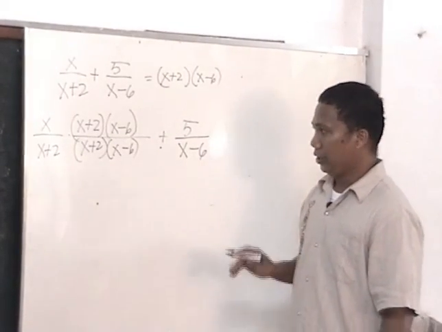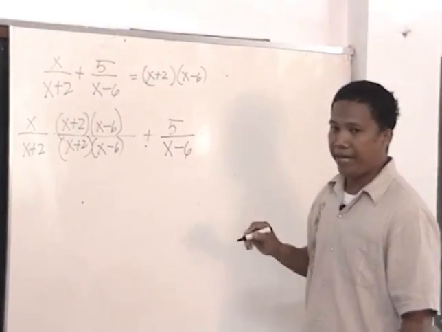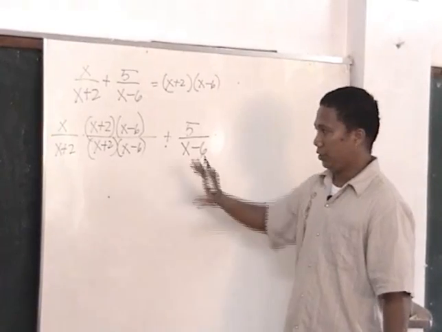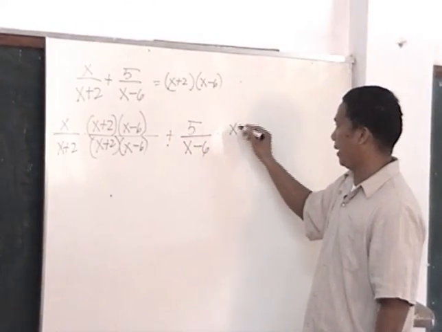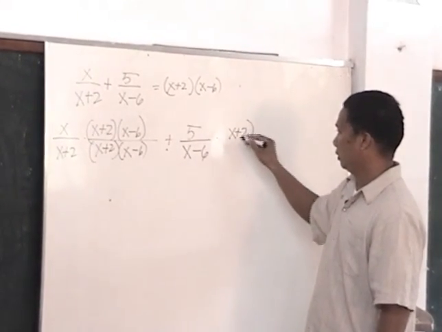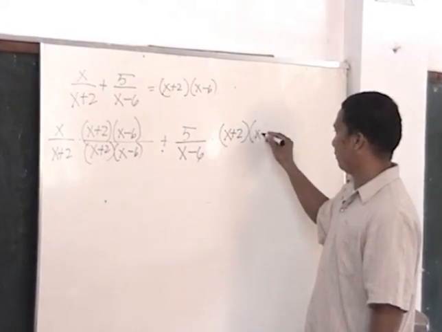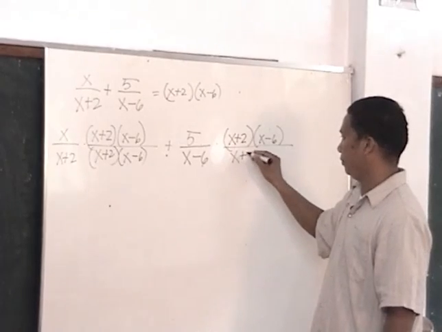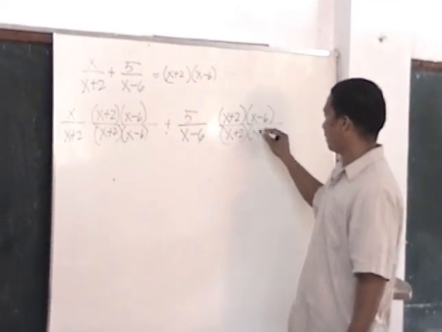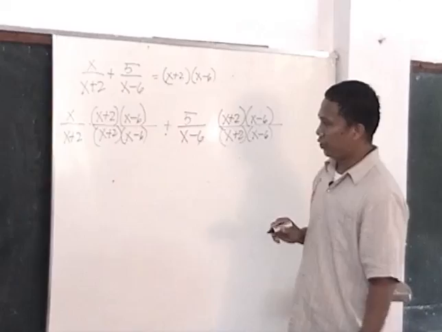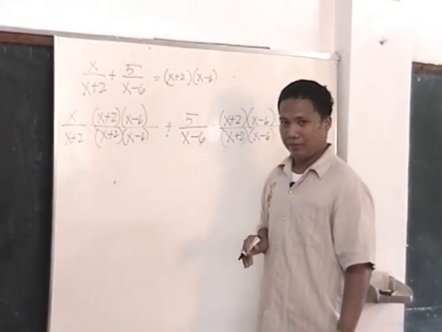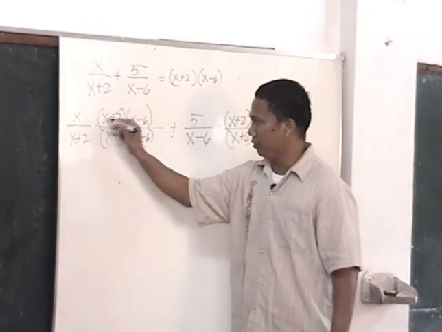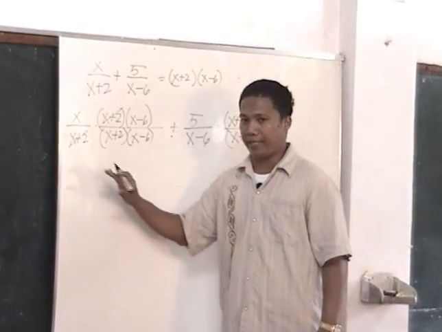So plus, you get now the second expression, 5 over x minus 6. And also, you have to use the same LCD on the first set. So we have x plus 2 and x minus 6 over x plus 2 and x minus 6. So based on these given values, we can apply the cancellation process. We have x plus 2 and x plus 2, it will be cancelled out.